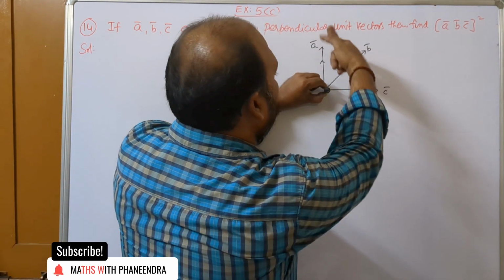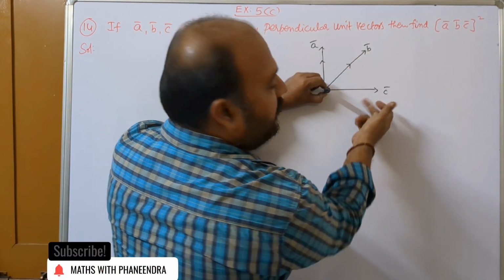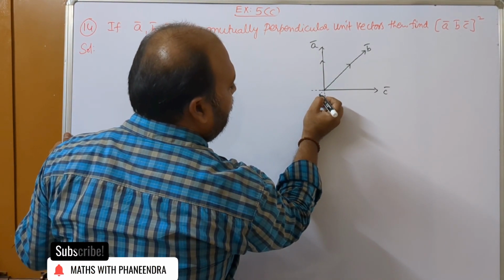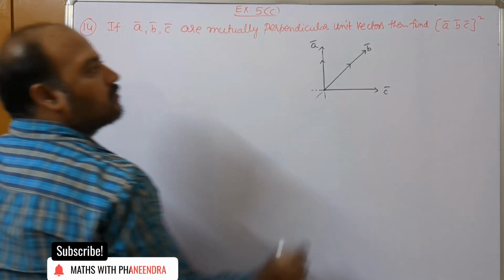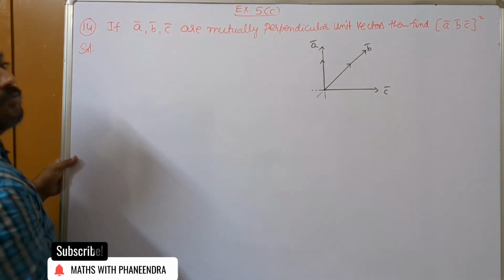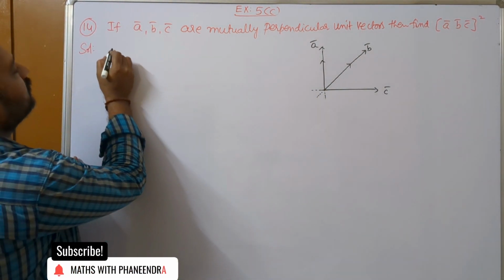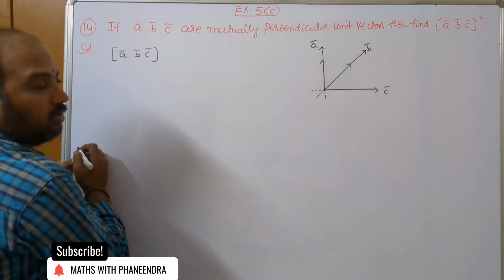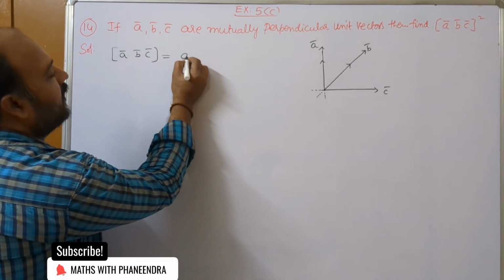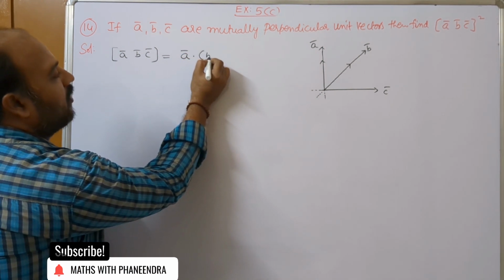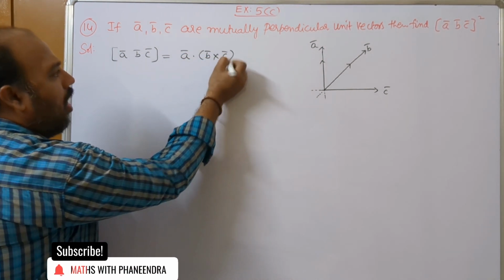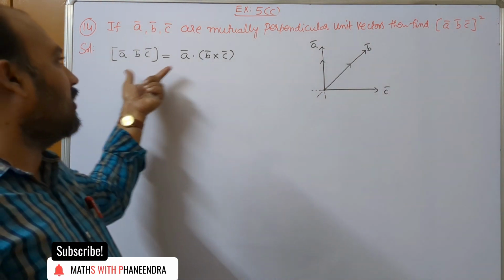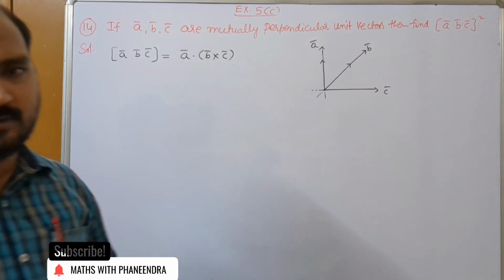Now this is A bar, which is mutually perpendicular to this one as well as this one. So mutually perpendicular. Box of ABC can be written as A bar dot B bar cross C bar. Box of ABC is equal to A bar dot B bar cross C bar.